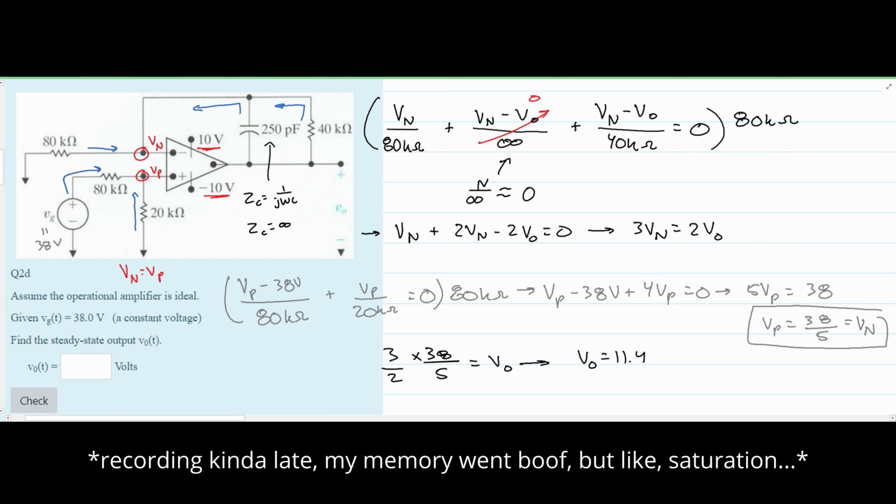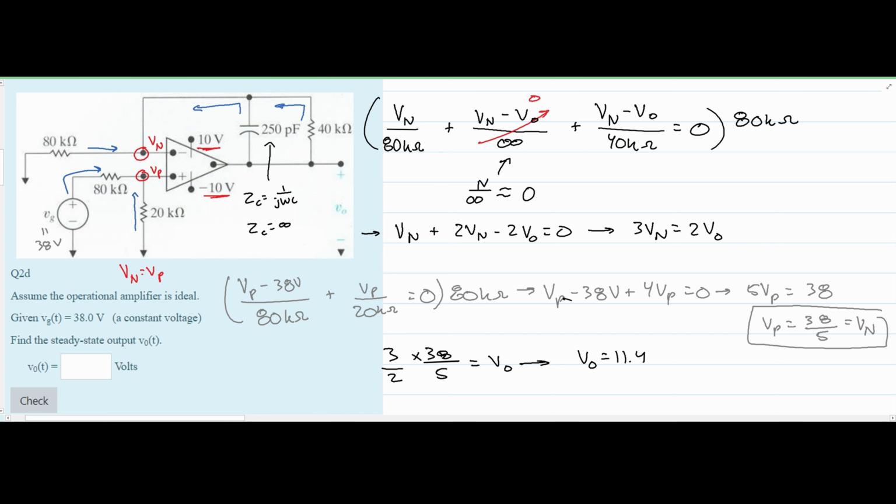I believe that's how it works, but I'm not 100% sure on that. But what I do know for sure is that if we have some value that is greater than the value we have here, our output is just going to be this value. So that means that our answer is 10 volts, and we have solved this problem.